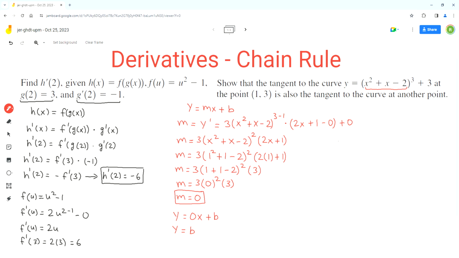So we'll sub in y as 3 in this equation. So we get b equals 3. That means the equation of this tangent is y equals 3.